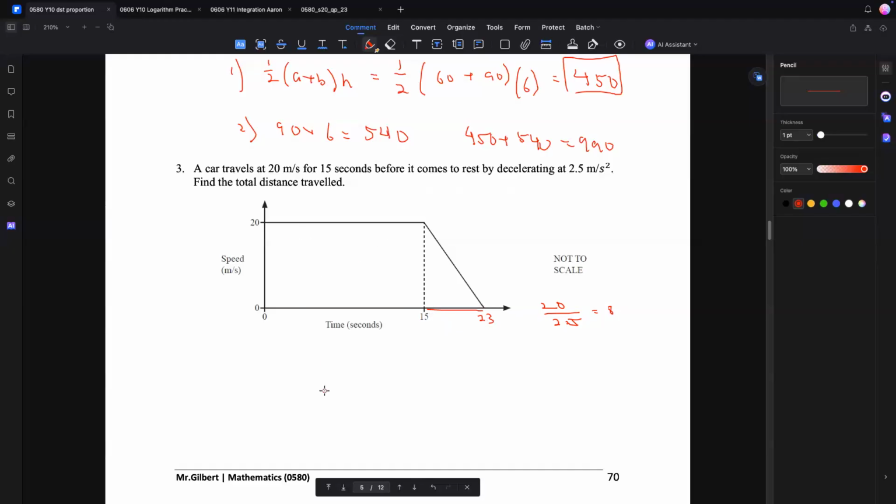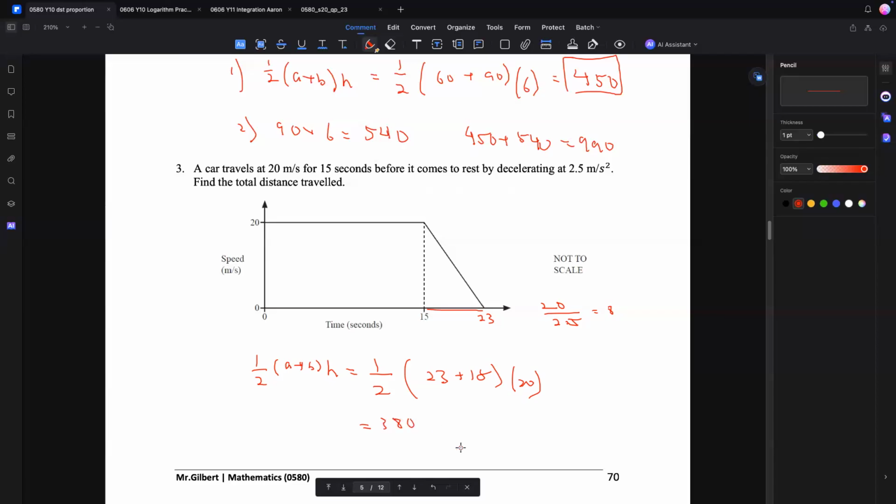Same thing as before. We can do the trapezium calculation. 1 over 2, A plus B, H. 1 over 2, 23 plus 15. What's your height? 20. And then what's your final answer? 380.